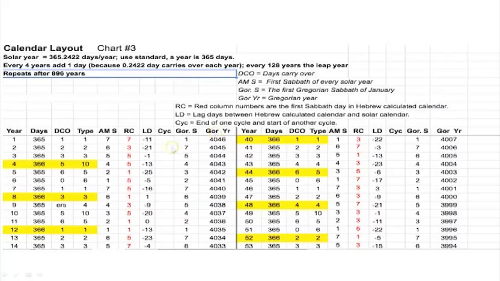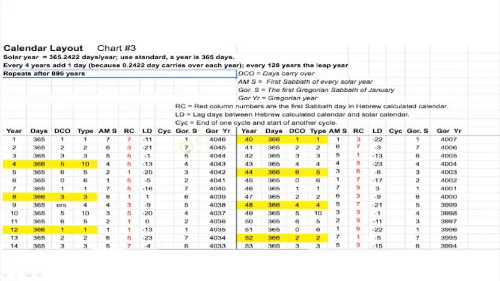And there was a difference between the number of days, because if you remember, on that chart from E.H. Lindo, the first year only had 354 days in it. The solar calendar had 365, so the difference would be 11 days, and that's what you see right here. Well, let's go into the Gregorian calendar and see.